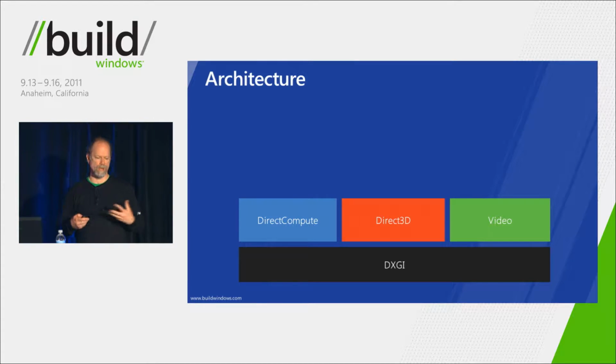And so built on top of that, we effectively have this next layer, which is the first layer that's really commonly used by API developers. And because they're all built on that substrate of DXGI, it means that they can all share resources between each other. So for technical computing, we have the direct compute aspects of Direct3D.